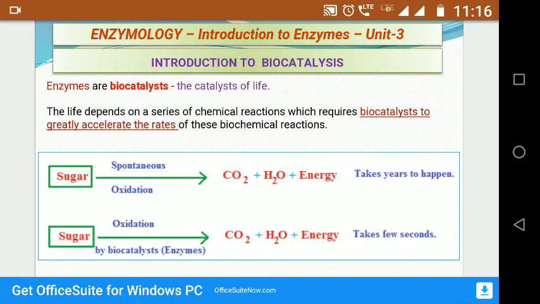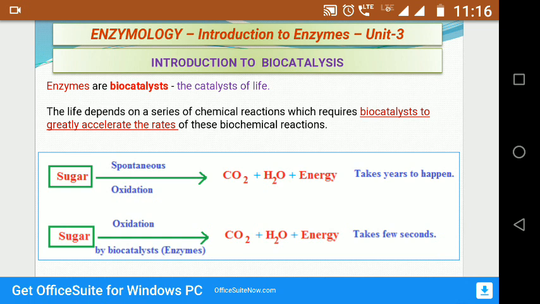Biochemistry deals with the structure of biomolecules and the reactions of those biomolecules. Reactions are nothing but the metabolic processes: metabolism of carbohydrates, metabolism of lipids, metabolism of proteins, and metabolism of nucleic acids. So metabolism means the chemical reactions that are taking place inside the living system.